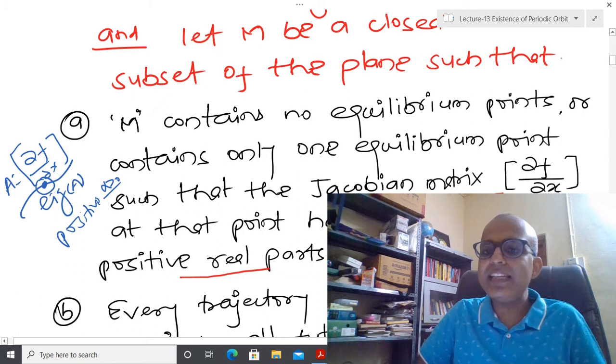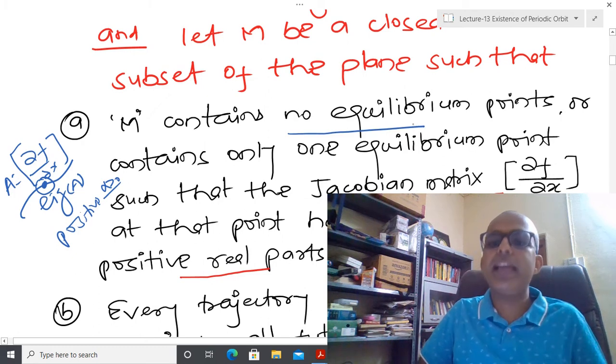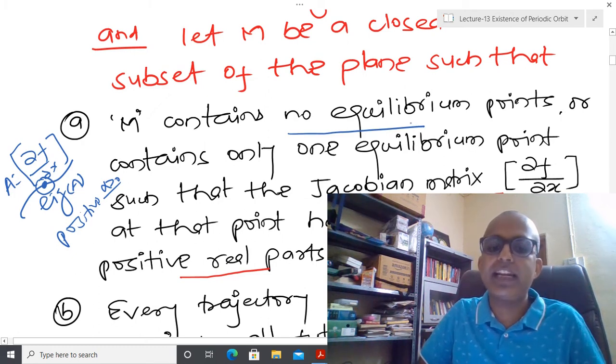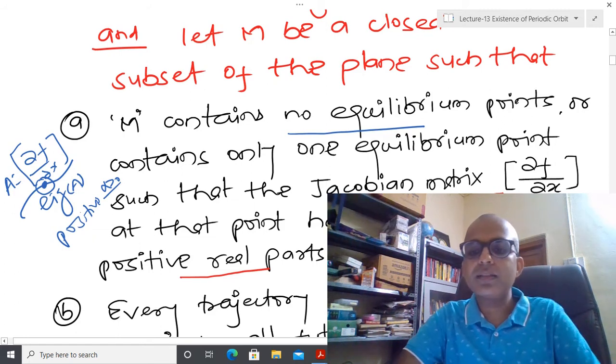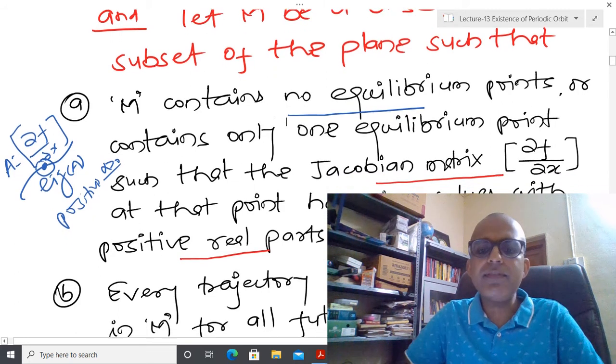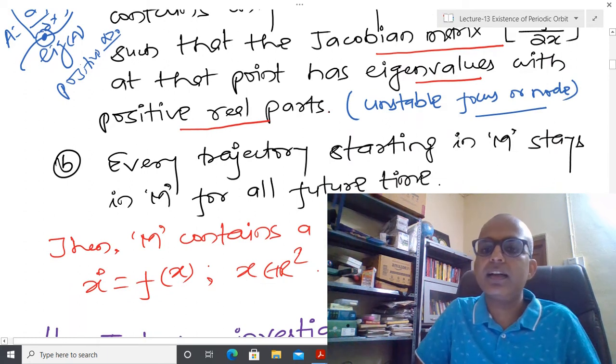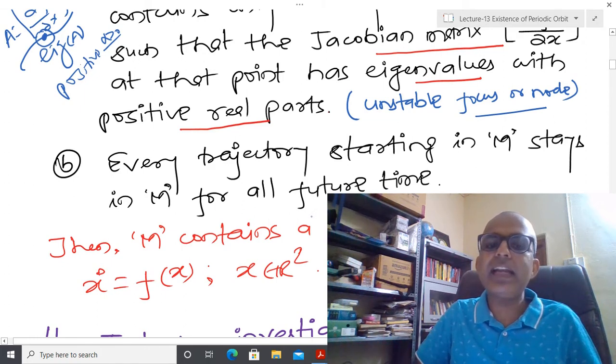You can see here that whenever we are talking about M, it might be possible there is no equilibrium point, but still I have some kind of orbit. We will see that case. After that, the second thing is that every trajectory starting in M stays in M for all future time. Then M contains a periodic orbit of x dot equal to f(x).